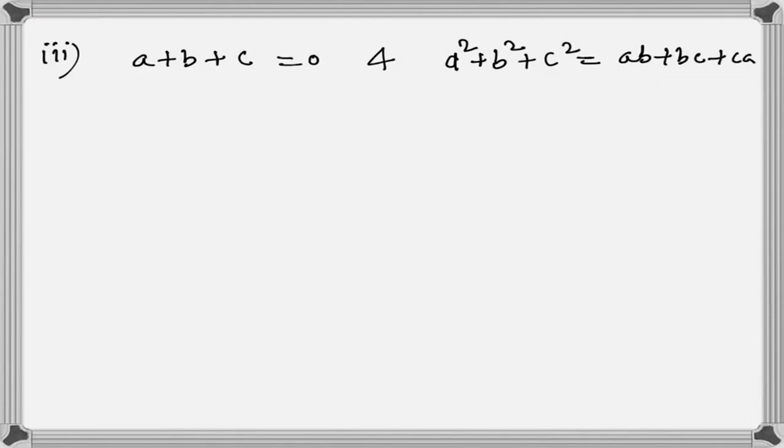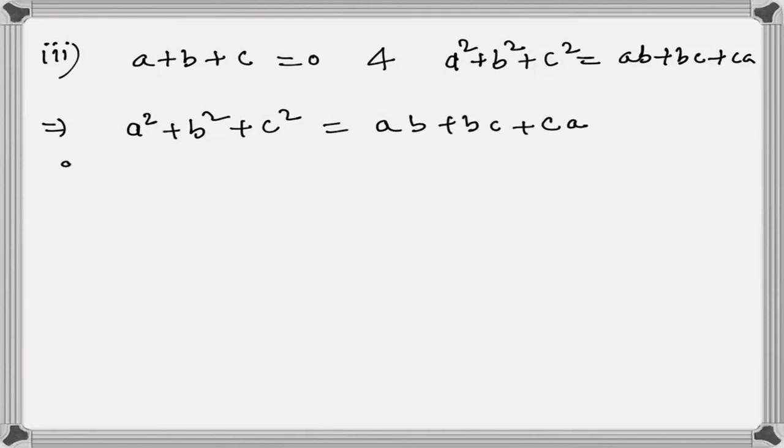As we did in the first part, A square plus B square plus C square is equals to AB plus BC plus CA gives us A is equals to B is equals to C. Okay, and this implies that A plus, in place of B I put A, is 0.